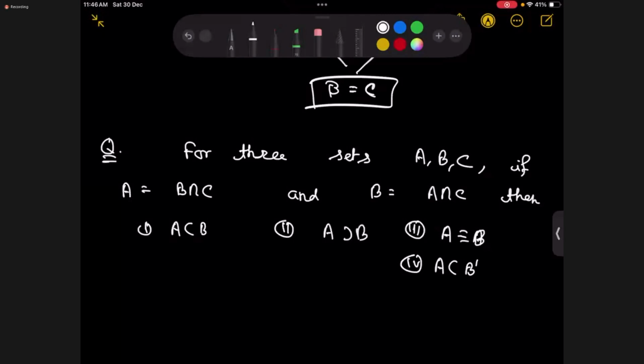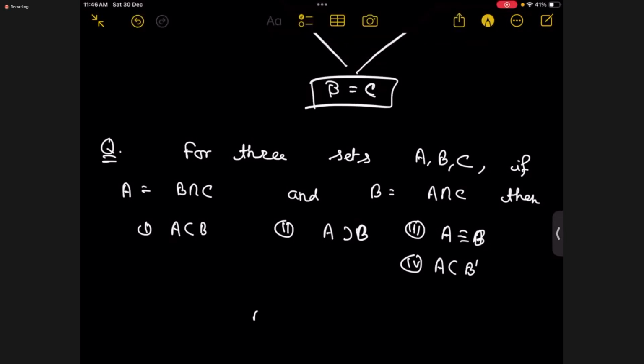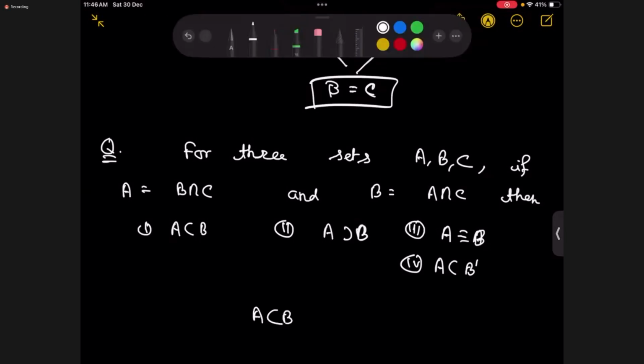So how can I understand which set is included in which set? Whenever we write A subset of B or B is superset of A, these both are the same.